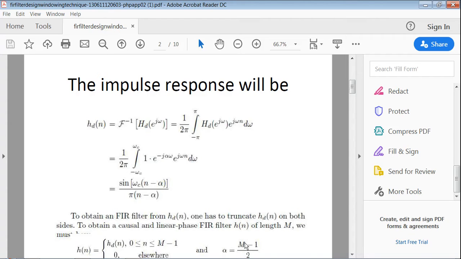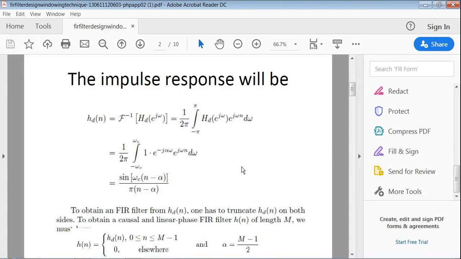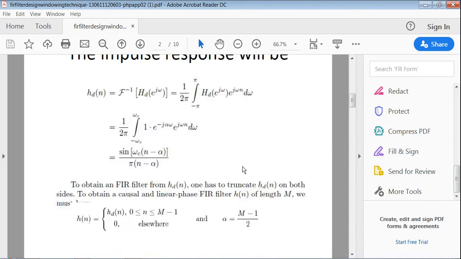By solving this integration, we will get hd of n equal to sin ωc(n minus α) upon π(n minus α). It is nothing but a sinc function.